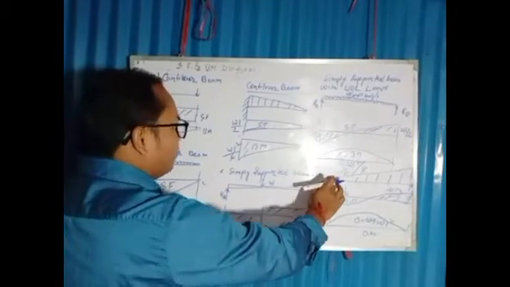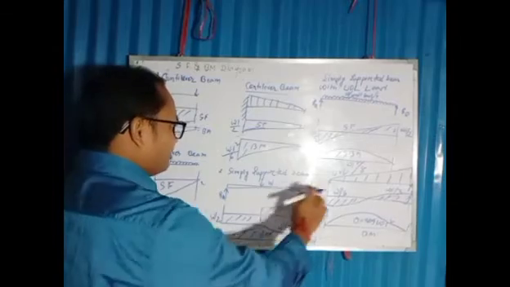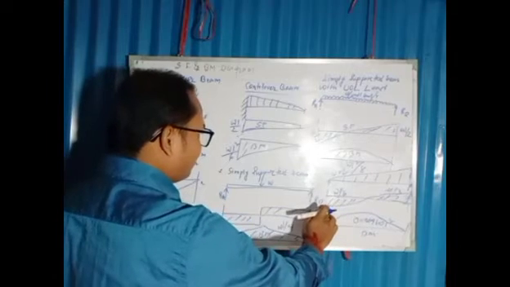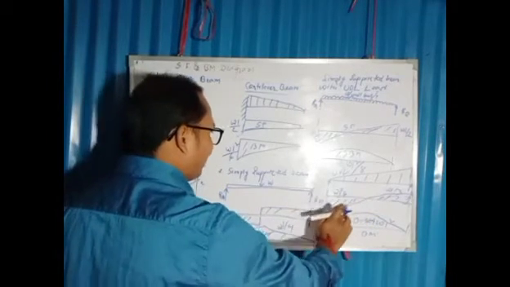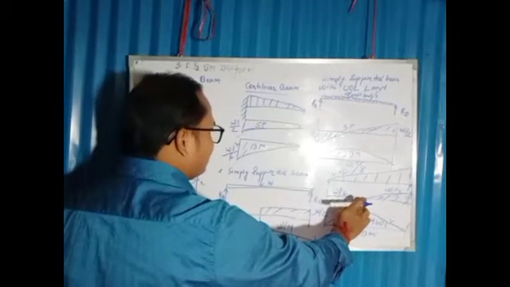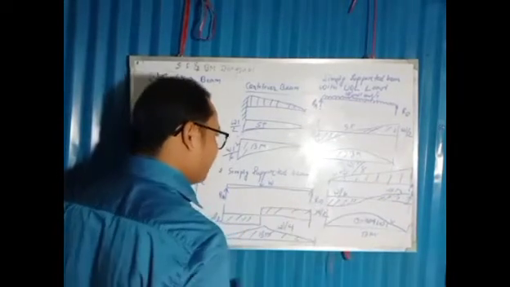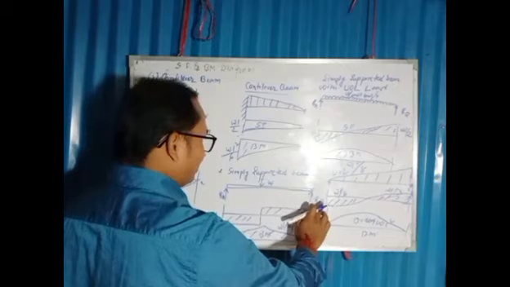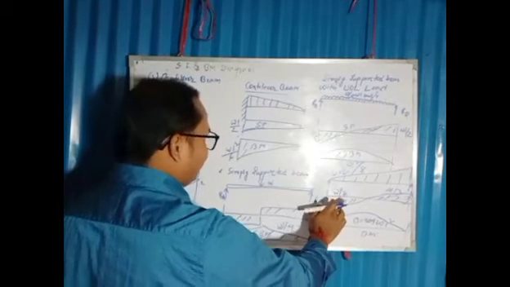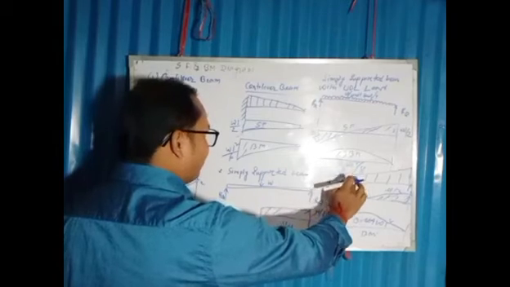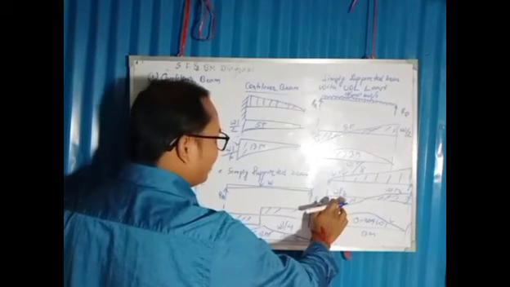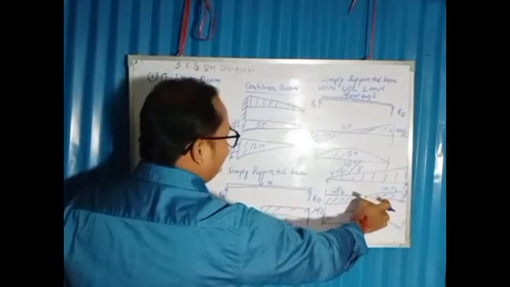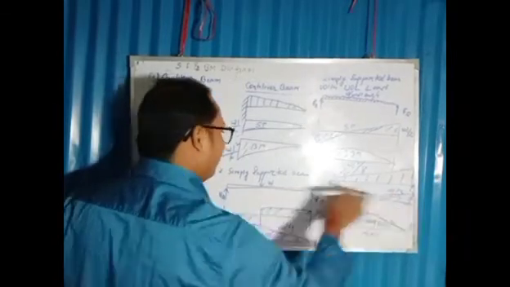In the case of the UVL load, uniformly varying load, the shear force diagram follows a parabolic path and changes sign at a point along the beam. The shear force at one end is WL by 6, and at the other end the maximum is WL by 3.